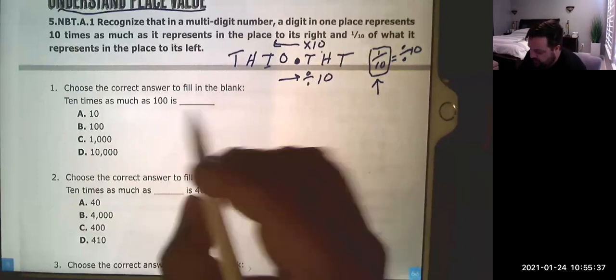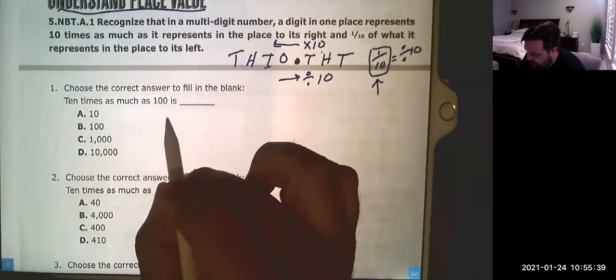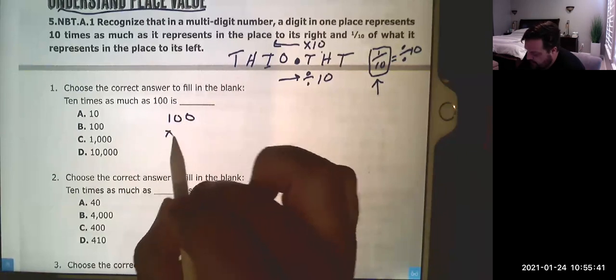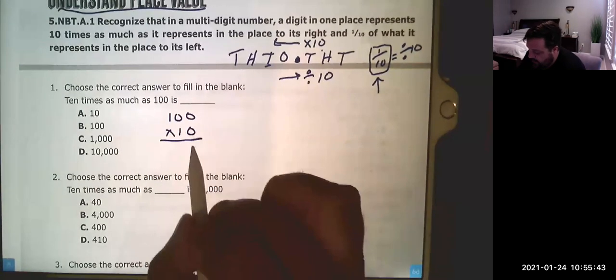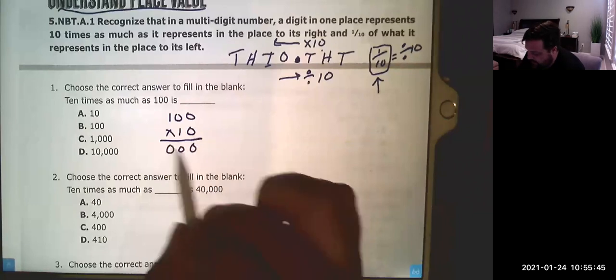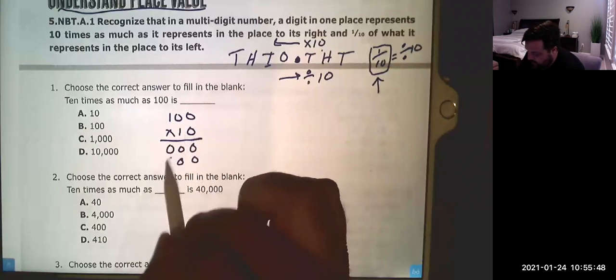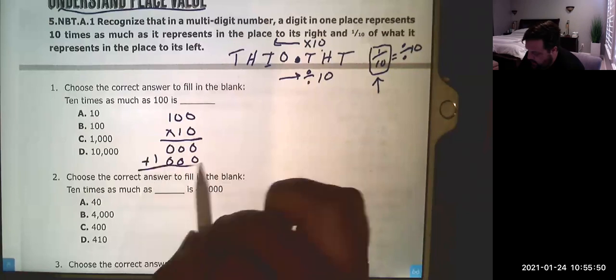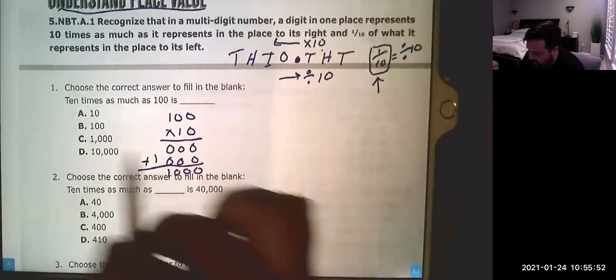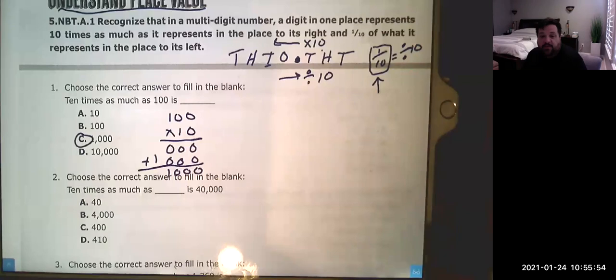Okay, so if you solve this one, you know that 10 times as much as 100 is just 10 times more, right? Now, you can solve it all the way out if you really want, and you would get your 1,000, right? So if you're absolutely confused, you can multiply it all the way out, and that's fine.